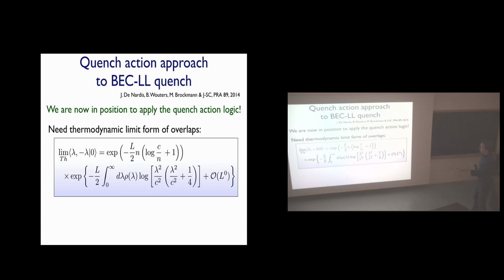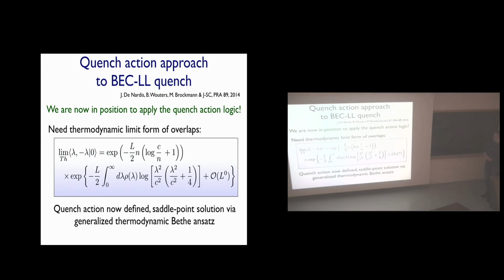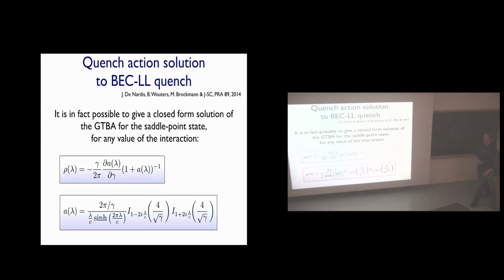Okay? So that is the quench action, exactly. And now I can do my variational treatment of this to determine what the saddle point is. So I just do the saddle point, and magically, we obtain an analytical formula describing the steady state.